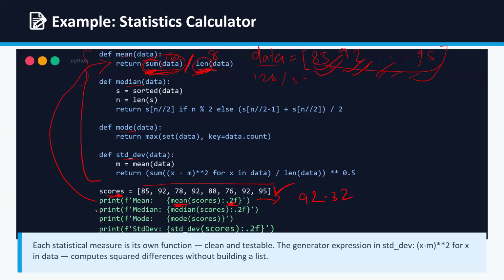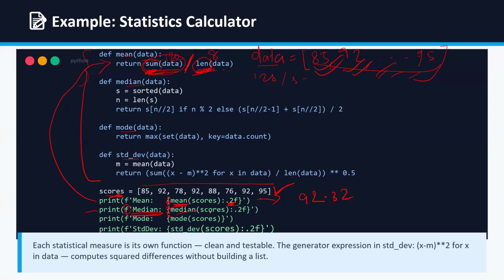Which function will be called? Print f median. This is just a string. Anything can be written here. But for the actual function, how do you call a variable? Inside curly braces only, right? In the same way, you call a function also. But don't forget to put f here, so that it understands this is either a variable or a function.